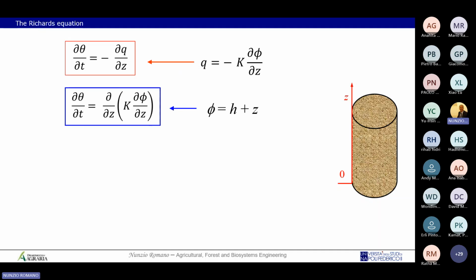Of course, this is an approximation. So again, it is a matter of uncertainty, a matter of how accurate your calculations are.